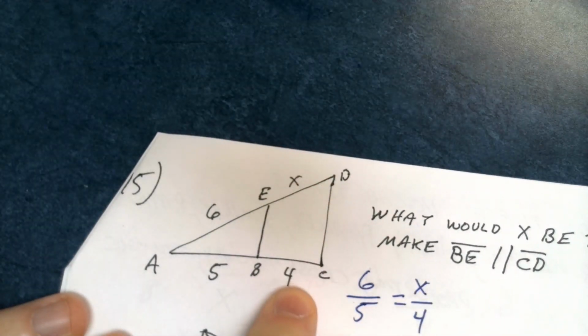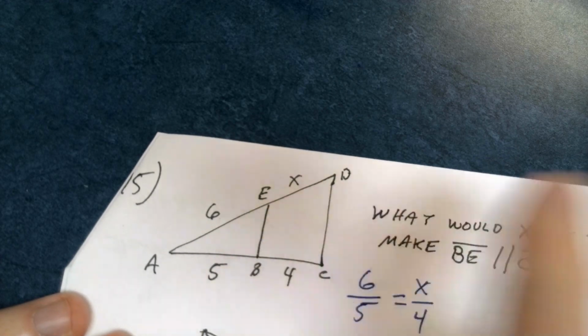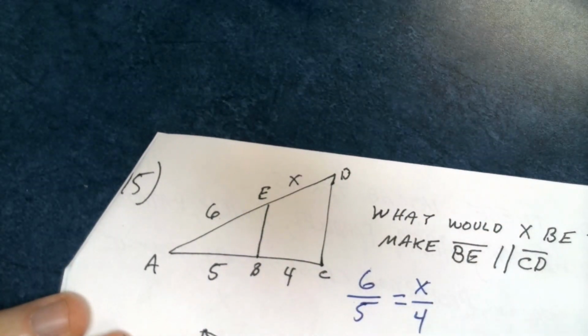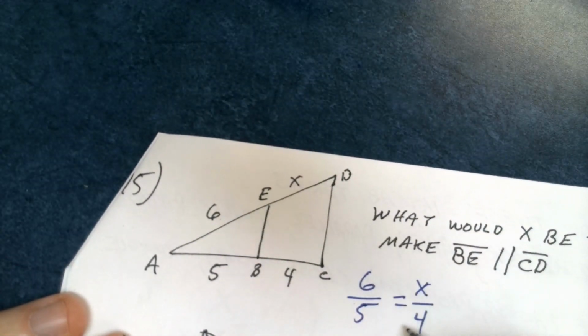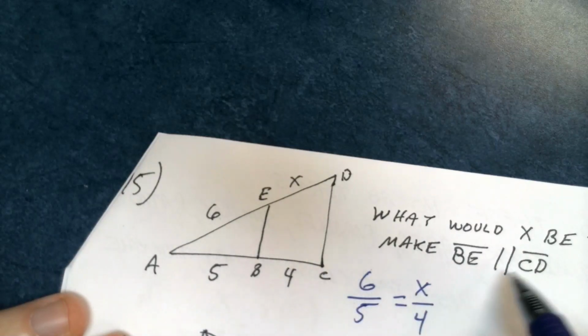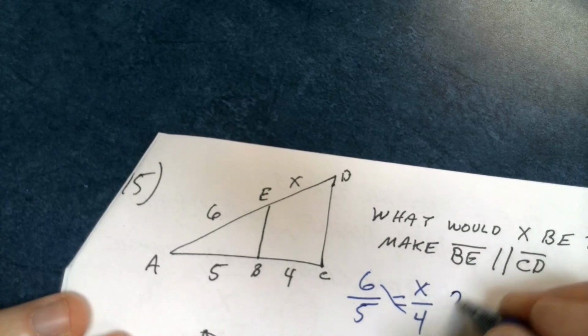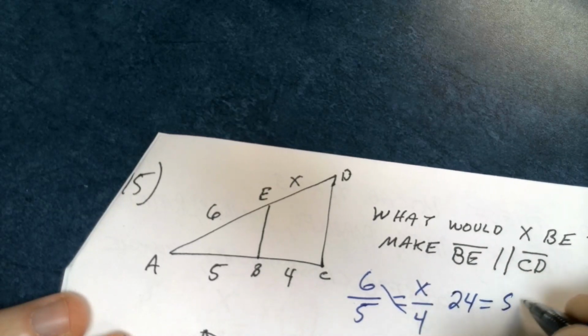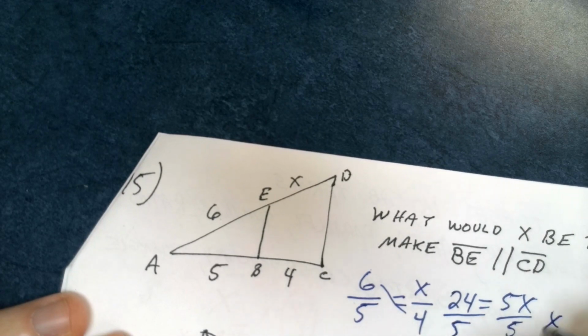And again, we're saying, what would X have to be in order for it to be true? Because we don't know that this statement is true unless the lines are parallel. So we're trying to figure out what X would be in order to make them parallel. So I cross multiply and I get 24 equals 5X. Divide by 5, divide by 5, and X equals 4.8.